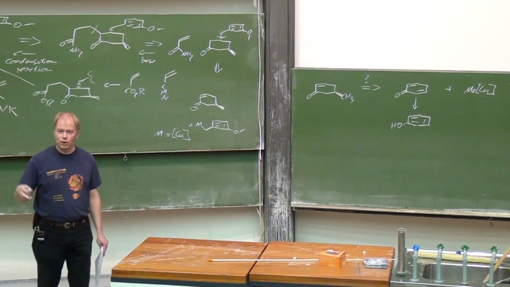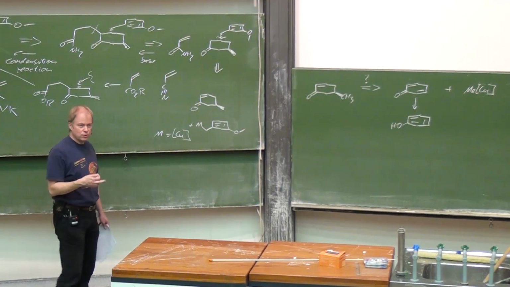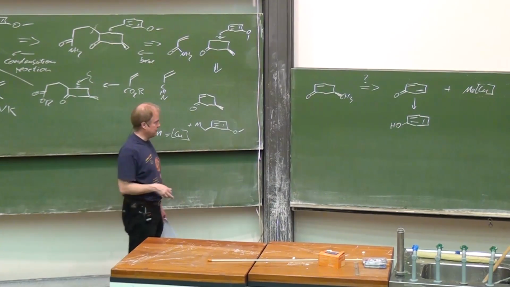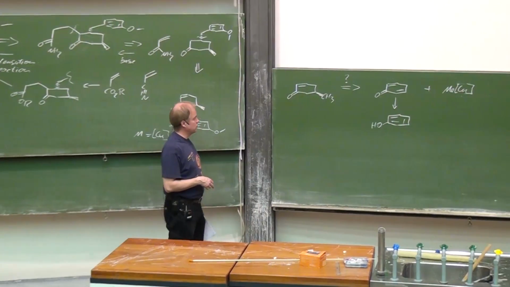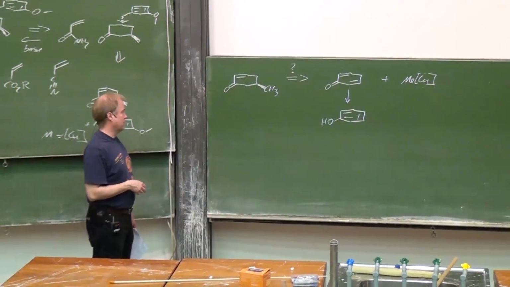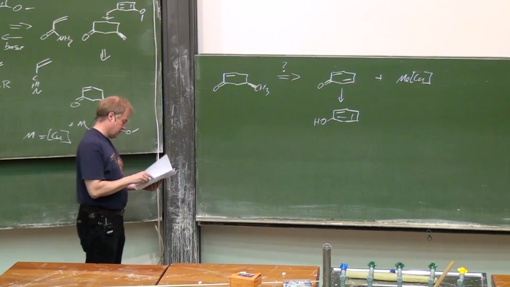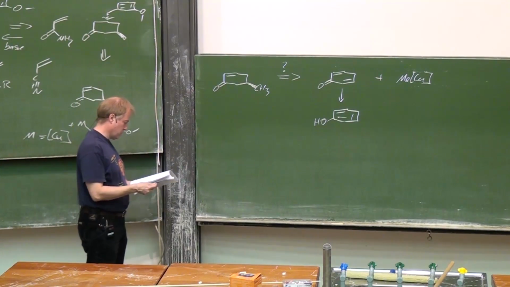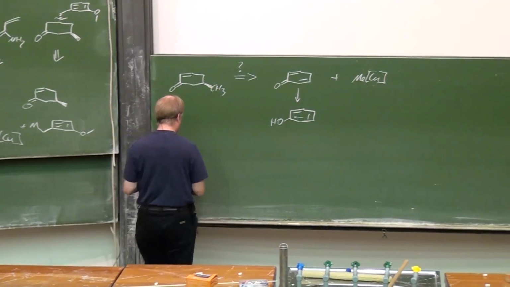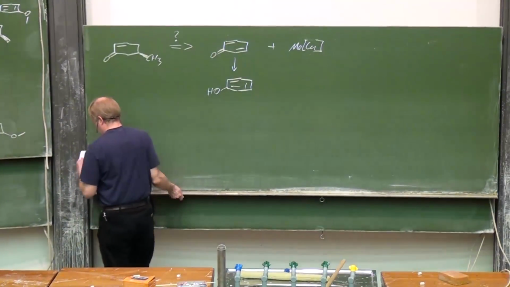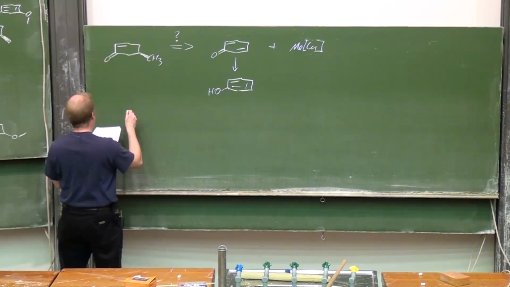And maybe also thinking about improving if the reaction sequence which has been done is not completely satisfying. Well, so simply let us have a look how this is already synthesized by others.